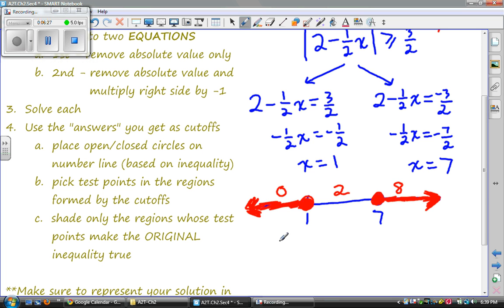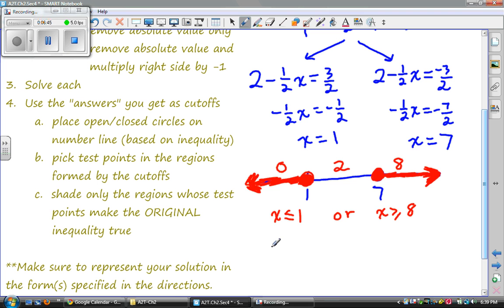My inequality is going to be x is less than or equal to 1, or x is greater than or equal to 8. And my interval notation is going to look like negative infinity to 1, bracket, and 8 to positive infinity.